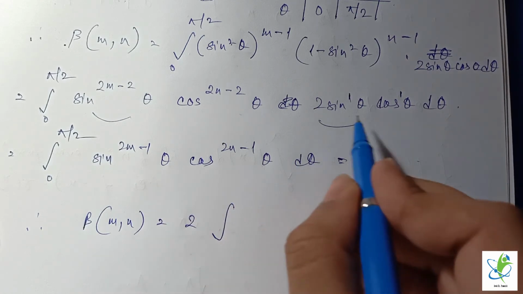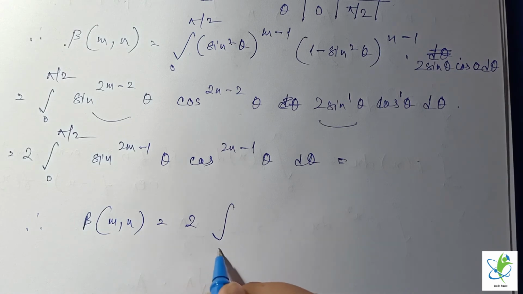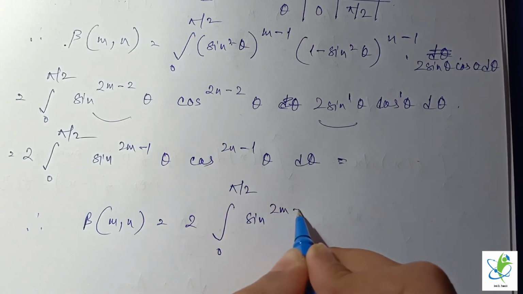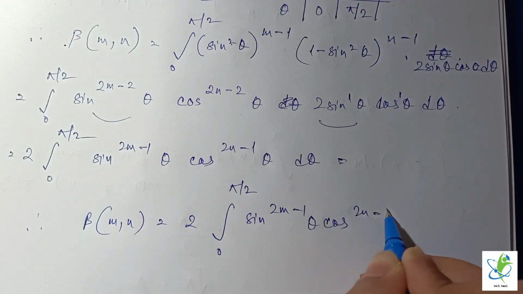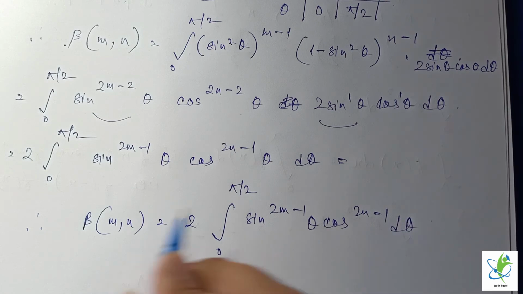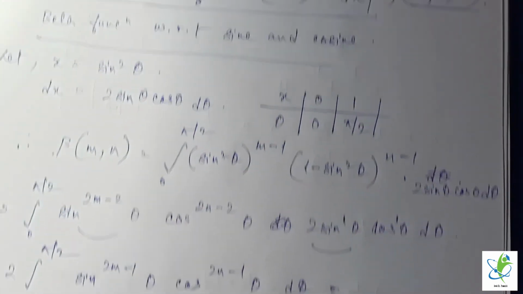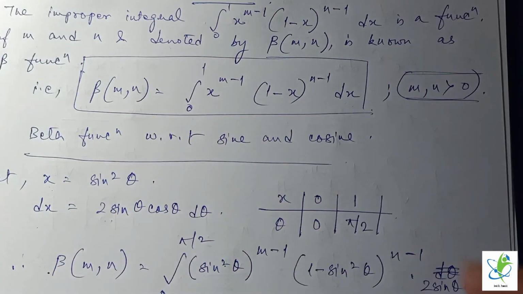You have 2 over here, so you can take this 2 outside the integral: 2 times integration 0 to pi by 2 sine 2m minus 1 theta cos 2n minus 1 theta d theta. This is the generalized form of beta function in terms of sine and cosine, and the other is the algebraic form of beta function.